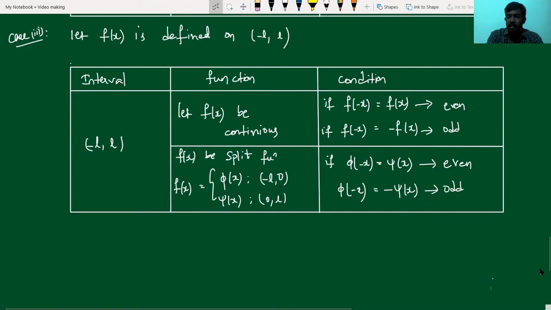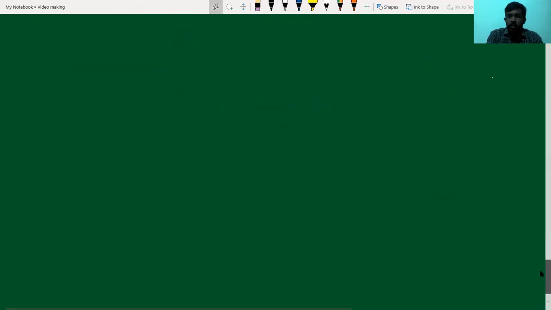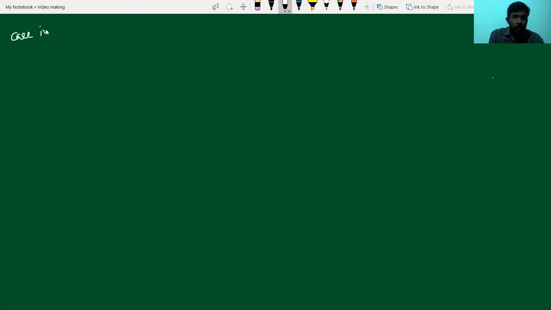So we move to the last case now, case 4. Let f of x be defined on the interval, the last interval, 0 to 2L.